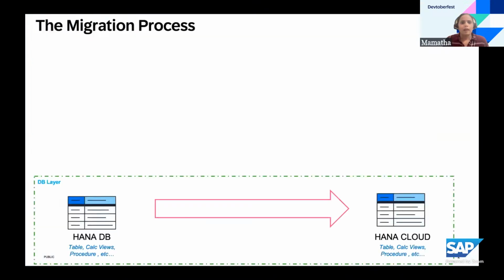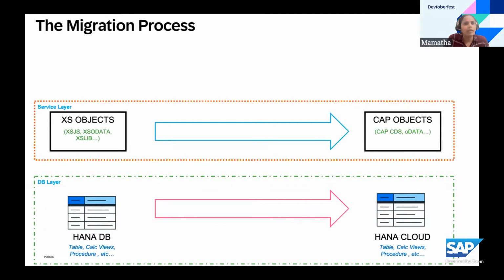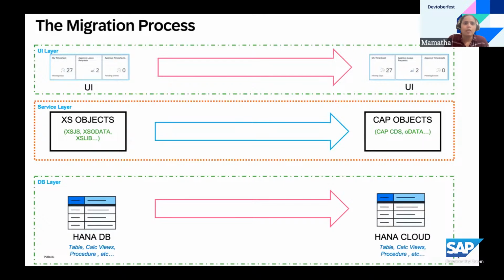When we look at any application, it generally consists of three layers of objects: the DB layer objects, the service layer objects, and the UI layer objects. So the migration happens for all these layers of objects from the source technology to the target technology.